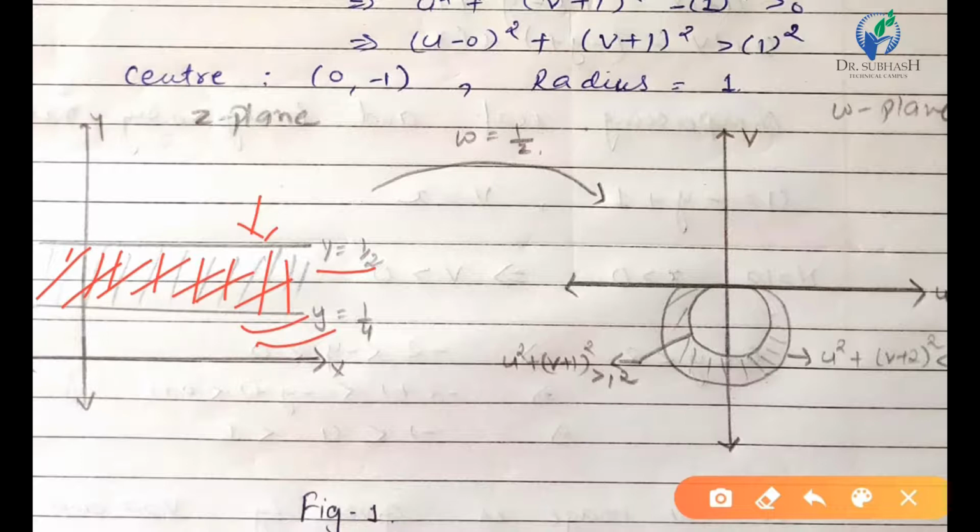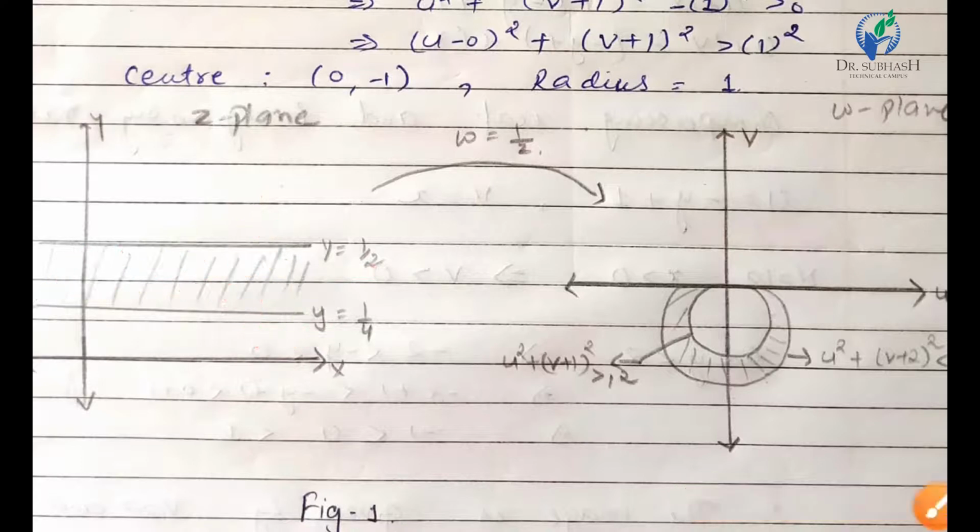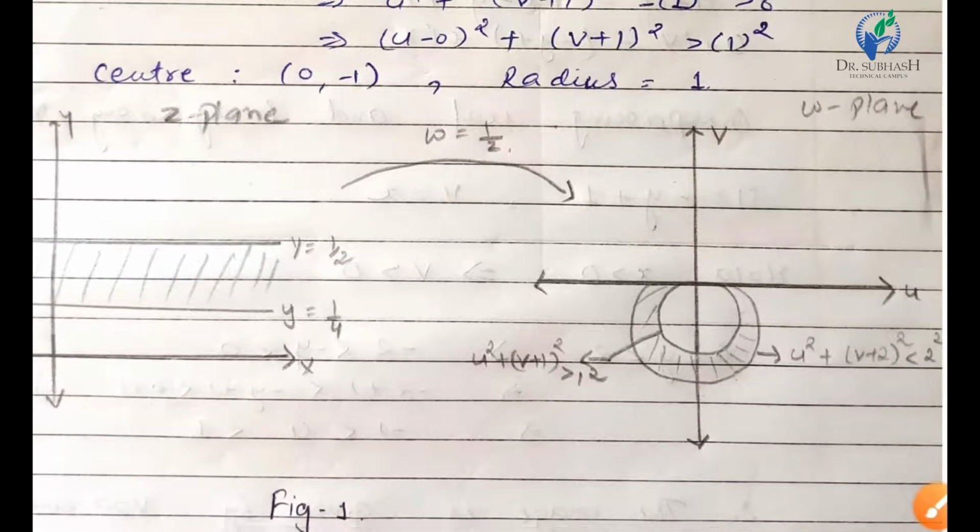Now we have to transform it into the w plane. Our first circle was u square plus (v plus 2) whole square less than 2 square. We take the center as (0, minus 2) with radius 2, and we have drawn this circle.